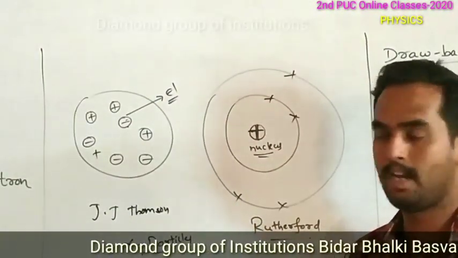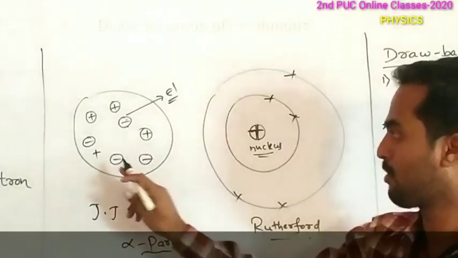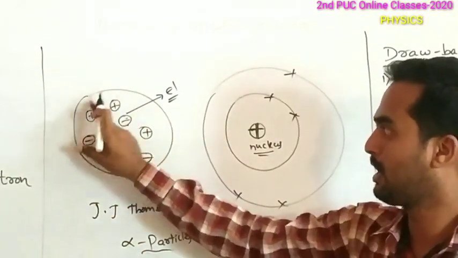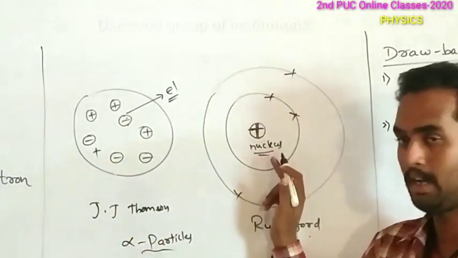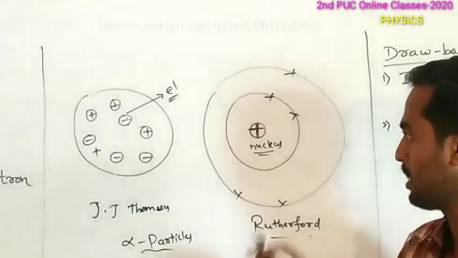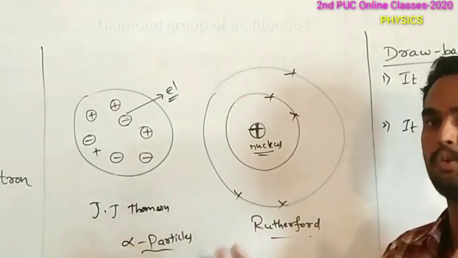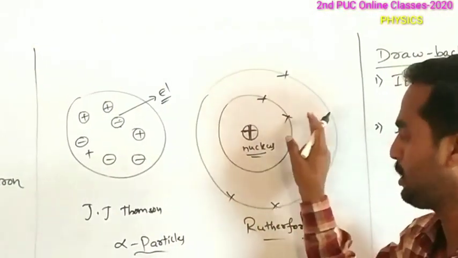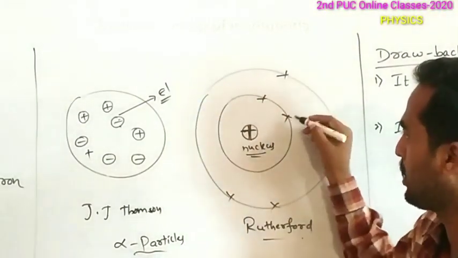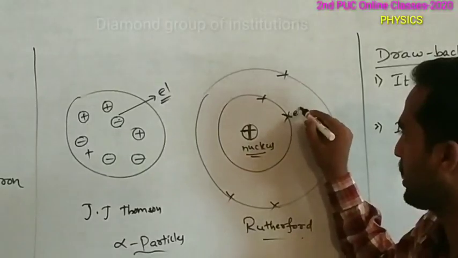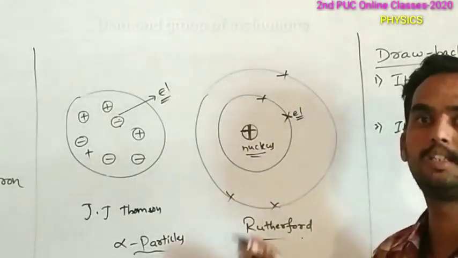Nucleus. And see the electrons here. Electrons are also there in an atom according to J.J. Thomson. But here the electrons, having negative charge, are present outside the nucleus, and they are revolving continuously around the nucleus. These stars indicate the electrons.